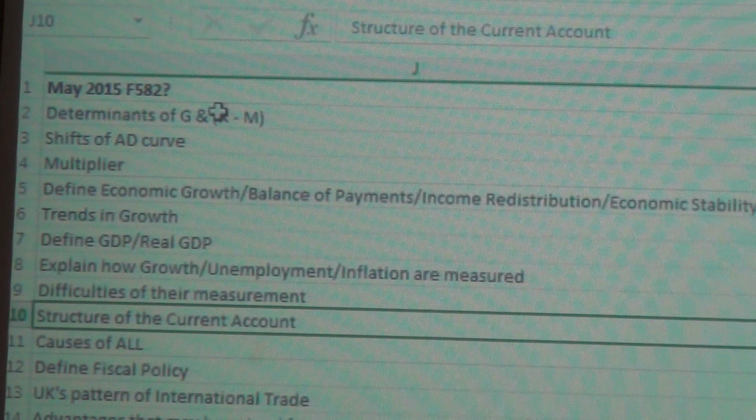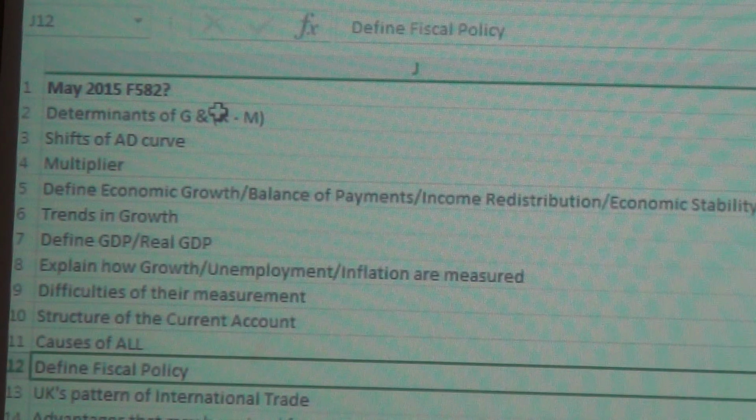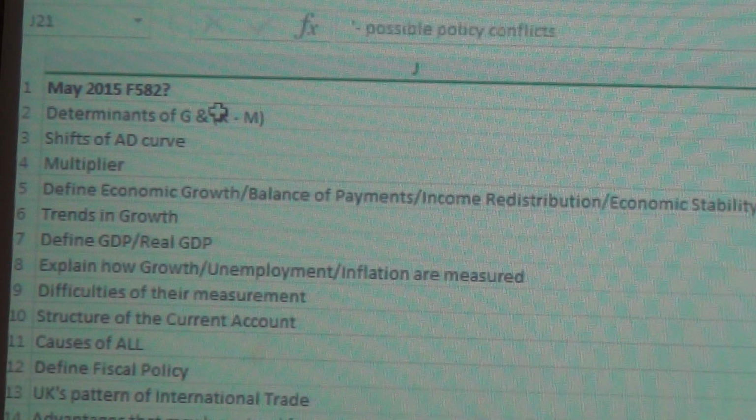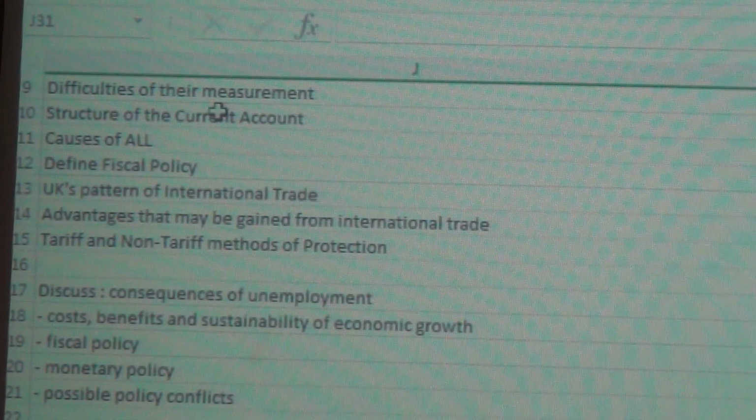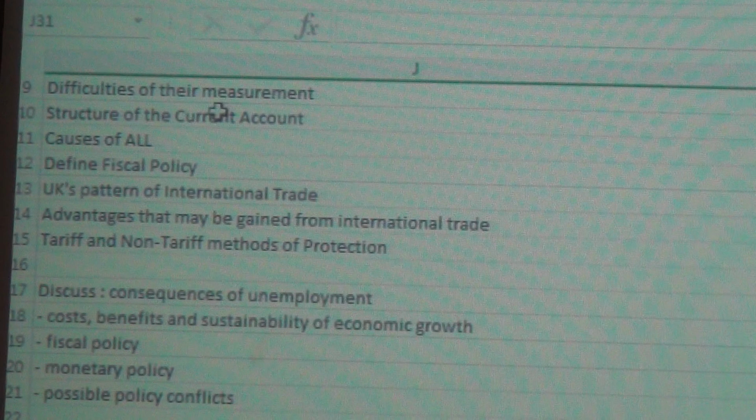So moving on, define fiscal policy. This is a really interesting one because fiscal policy has not been asked for quite a few sessions, and we've had monetary policy lately, we've had supply side policies, but nothing really on fiscal policy: government spending, taxation, national debt, fiscal austerity, budget surplus, budget deficit, balanced budget.